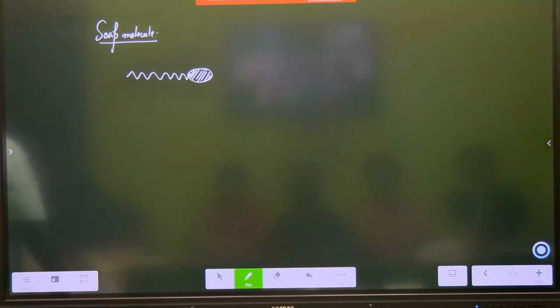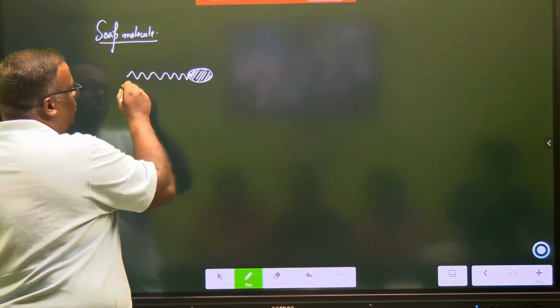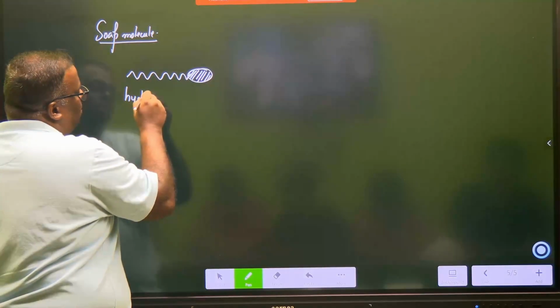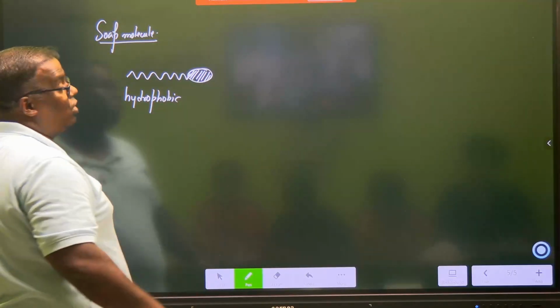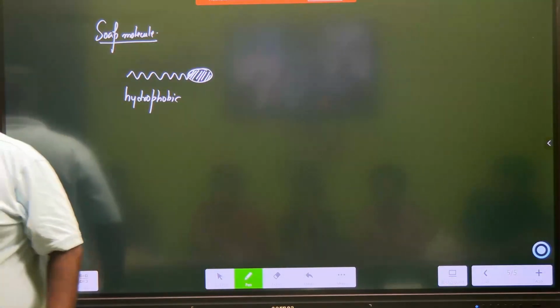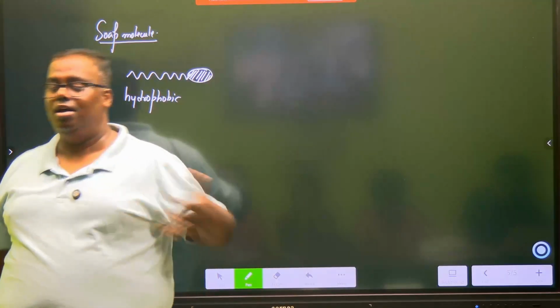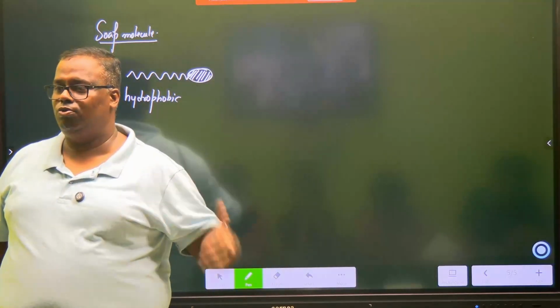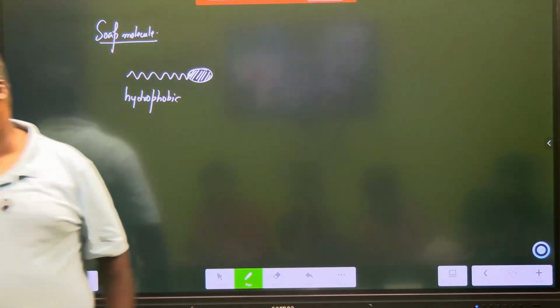Out of which one side will be hydrophobic. They used to say in our childhood, if dogs bite you, you show hydrophobia. You know hydrophobia? The fear of water. So hydrophobic means you will not have an affinity for water.